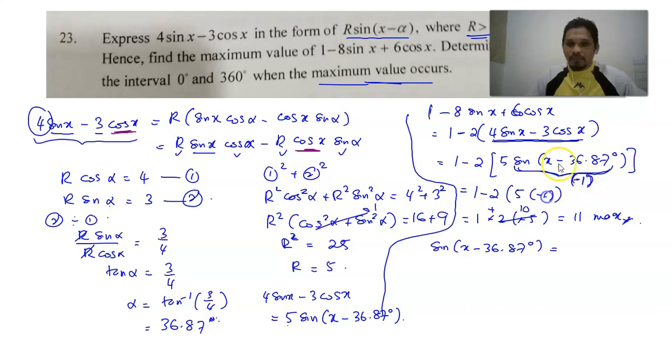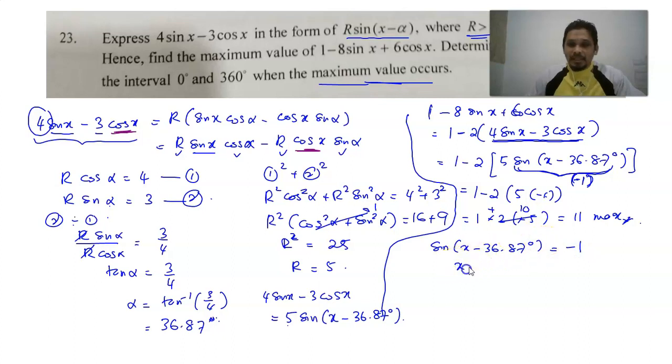We substitute negative 1 because for sine and cos, the maximum is 1 and the minimum is negative 1. When we substitute negative 1 here, negative negative becomes positive, so 1 plus 10 equal to 11. If I substitute with 1 here, 5 times 1 equal to 5, 5 times negative 2 equal to negative 10, 1 minus 10 equal to negative 9. That will be the minimum. So this negative 1 here.